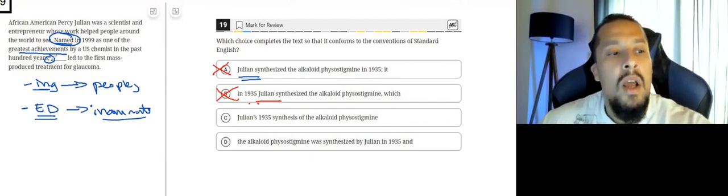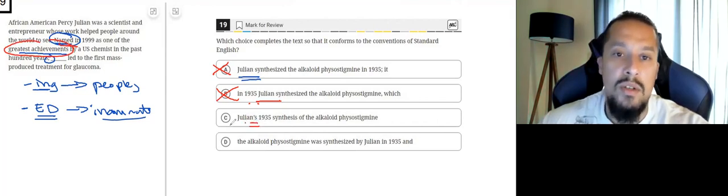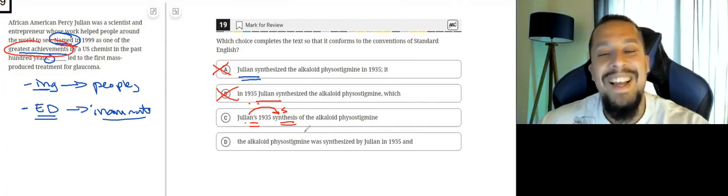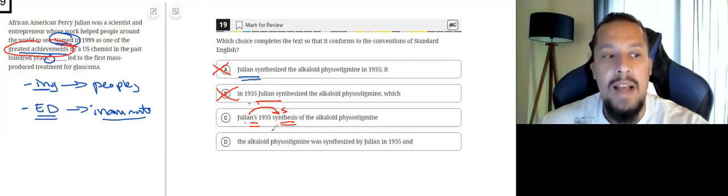No. Again, here, named in 1999 as the greatest achievement, Julian's, look at the apostrophe S, what does it do? It moves the subject to the next noun. 1935 synthesis of the alkaloid physostigmine. So answer C. Was this named as the greatest achievement, the synthesis of alkaloid physostigmine?